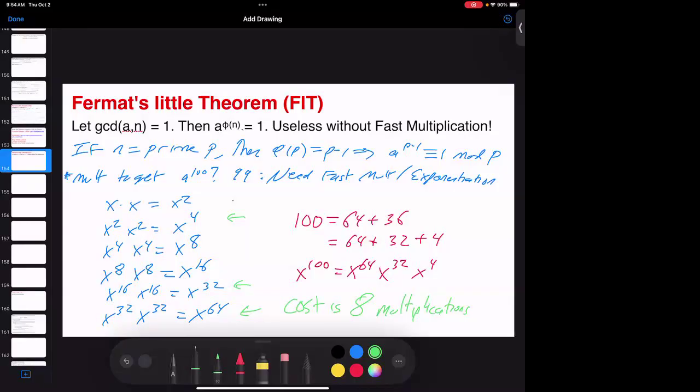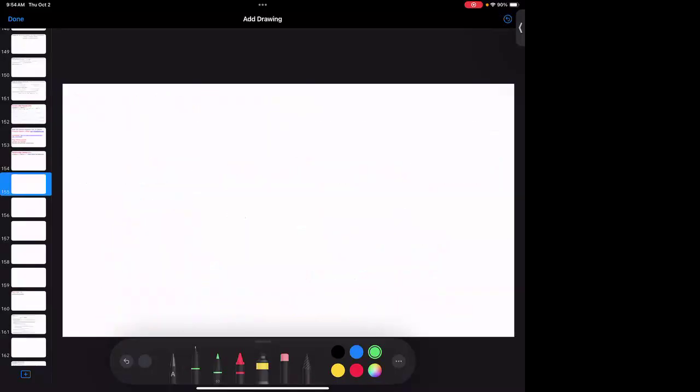So the question is, how do you see the relationship between 8 and 100? Well, if I'm looking at powers of 2, x times x is x squared, times x squared is x to the 4th, and I keep going down. Let's say x to the 2 to the k minus 1 times x to the 2 to the k minus 1 would be x to the 2 to the k.